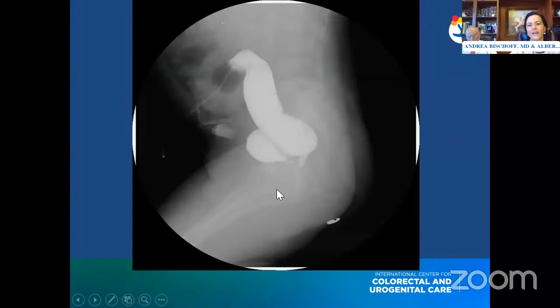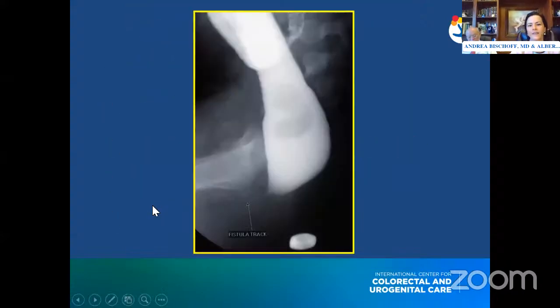What about this one? Answer. Prostatic, very good. What about this one? You can see that it shows the urethra. Let's see the answer. Bulbar, very good.